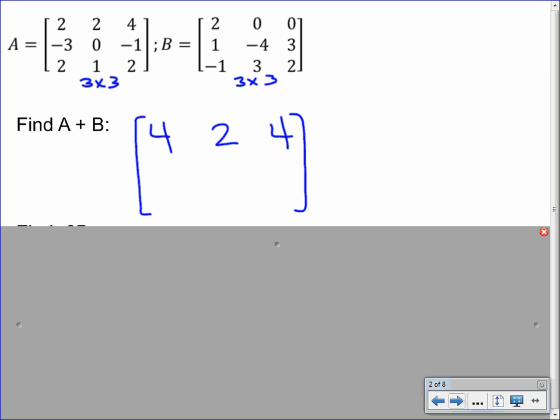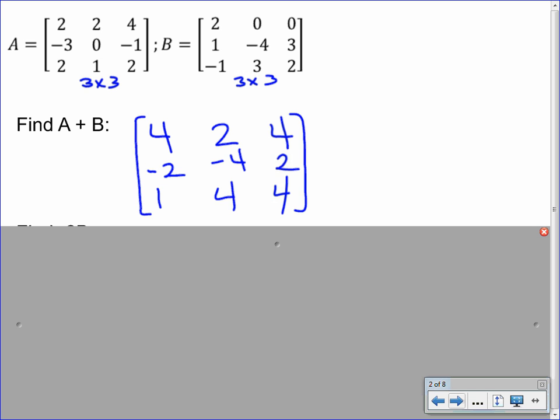Second row. Right? Okay. And then third row. When we get to multiplication.